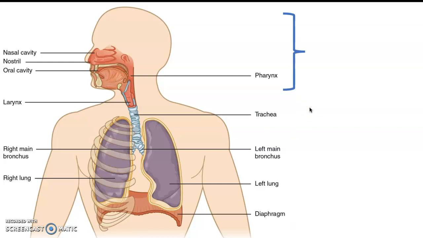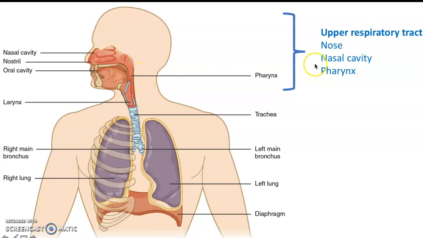We can organize the respiratory system in a couple of different ways. Just like in biology and anatomy and physiology, there's more than one way to lump things together to make them easier to remember. We can lump the structures together according to where they're located. The upper respiratory tract includes the nose, the nasal cavity, and the pharynx, which is really the throat.